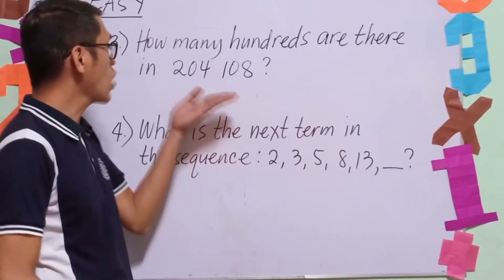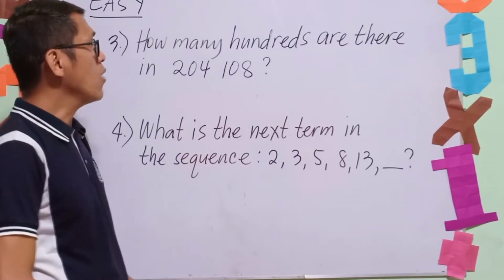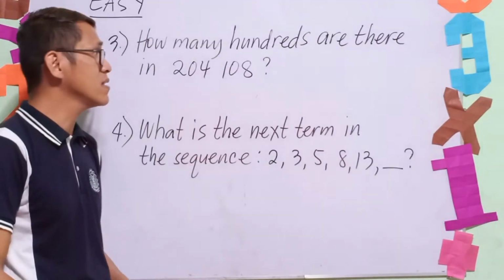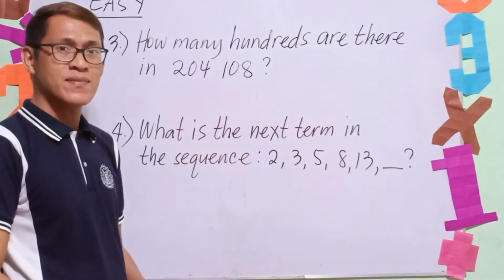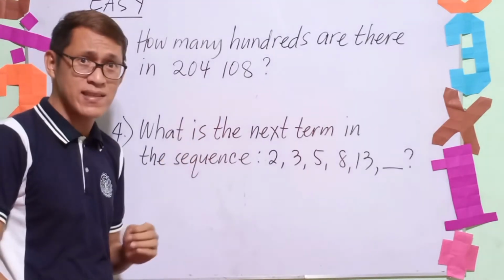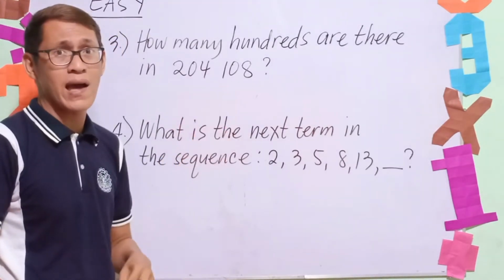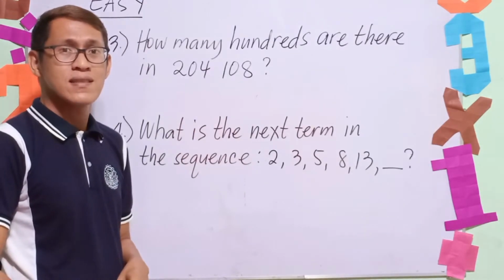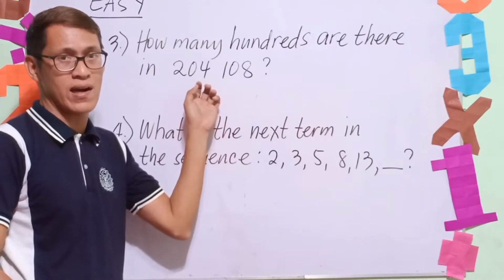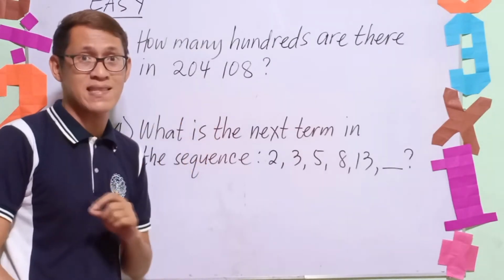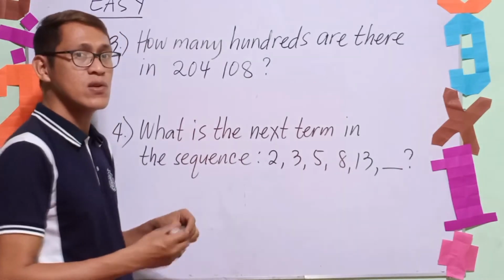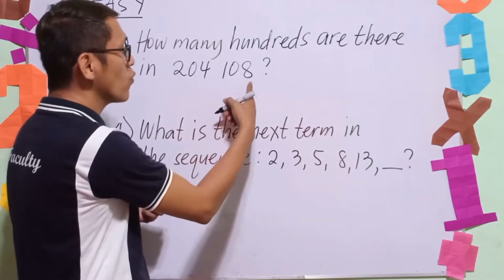Now let's have problem number 3. How many hundredths are there in 204,108? You simply divide this by 100, right? But you don't need to divide by 100 because there is an easier way. Let's start with how many tenths. If you want to know how many tenths are there in a number, you simply remove the ones digit.